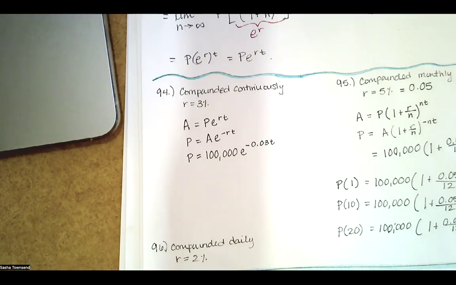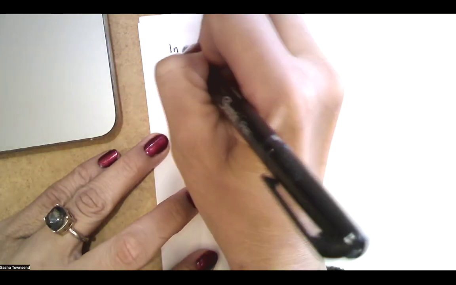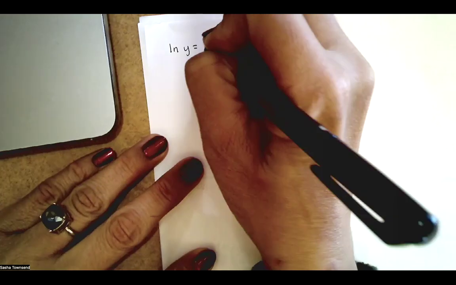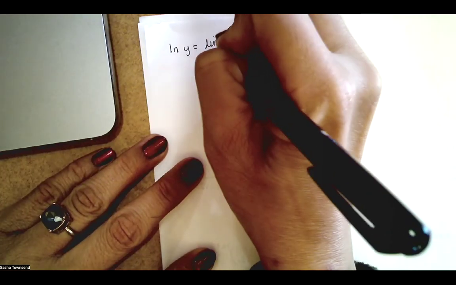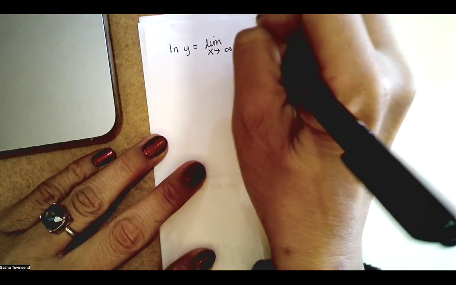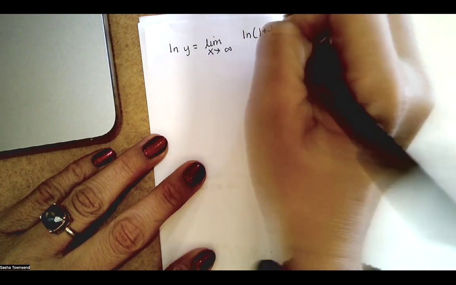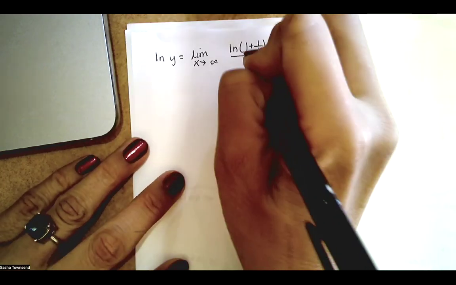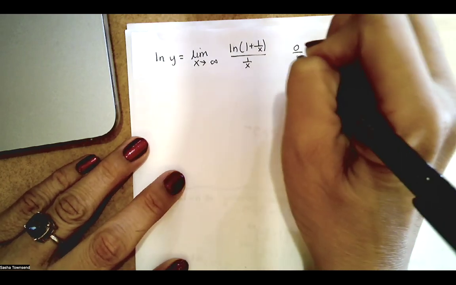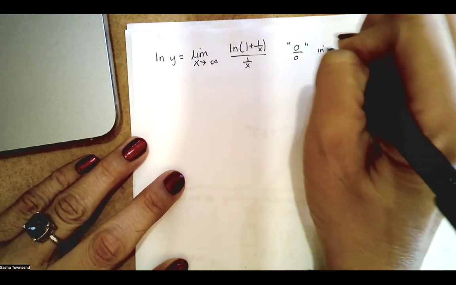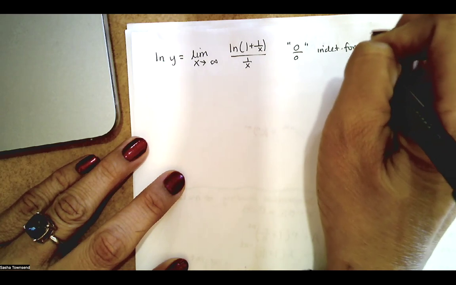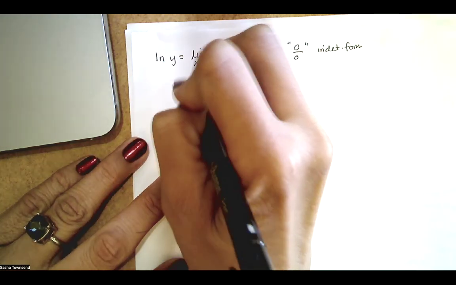So we can compute that. We have natural log of y equals the limit as x goes to infinity of natural log of 1 plus 1 over x, all divided by 1 over x. Again, we have a 0 over 0 indeterminate form, and we can apply L'Hopital's rule to that.